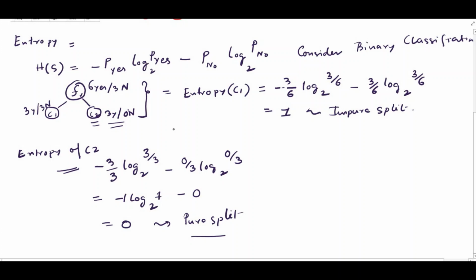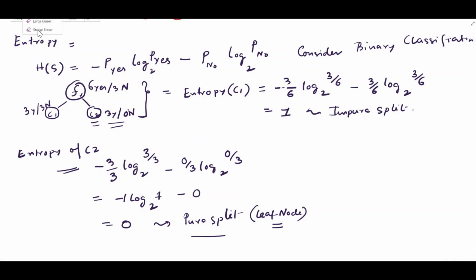Fantastic. So what we are understanding from this is that when you have a leaf node, it will give you a pure split also. Okay, and sorry, I shouldn't say leaf node.